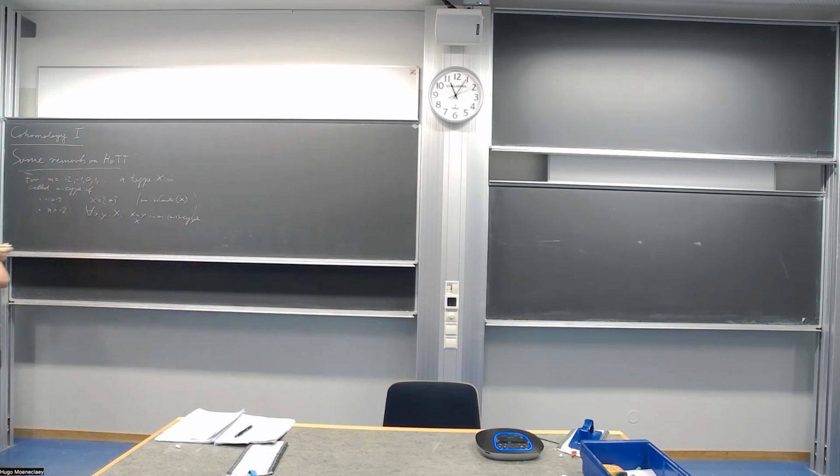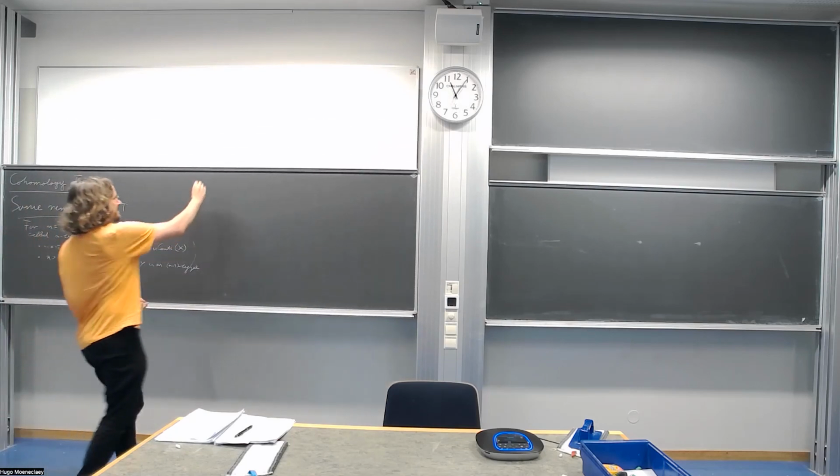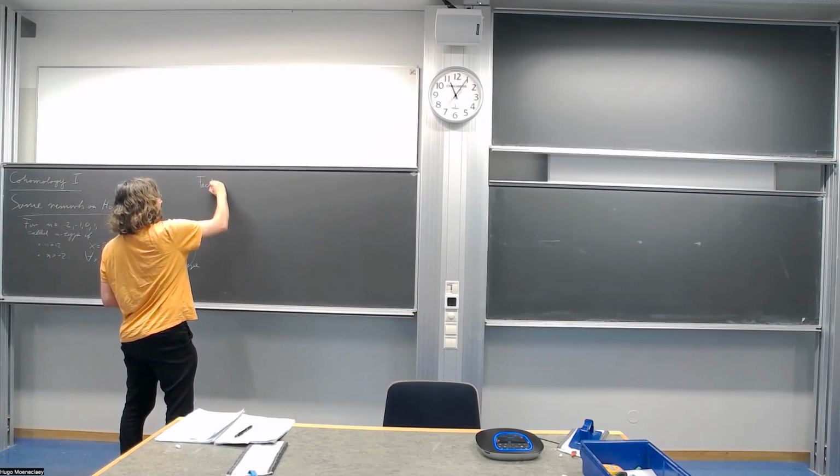And what we freely use so far, in a couple of places, is that we have a universal way of turning a type into an n-type for each n. So for the first one, it's really just giving a map to this terminal type, so to say, and starting from that, it gets more interesting. So that's just some fact.